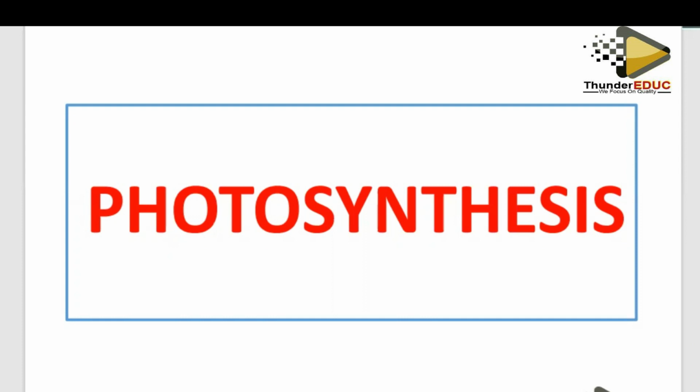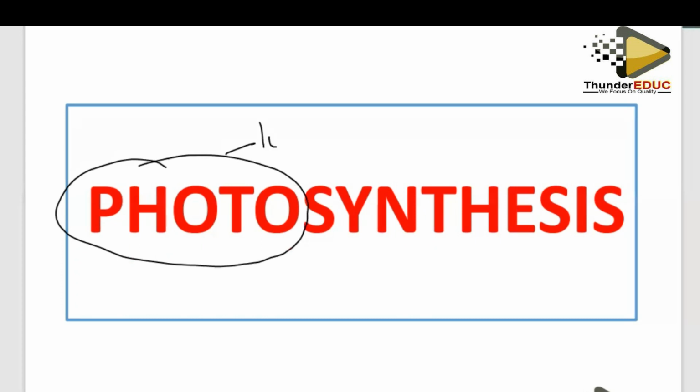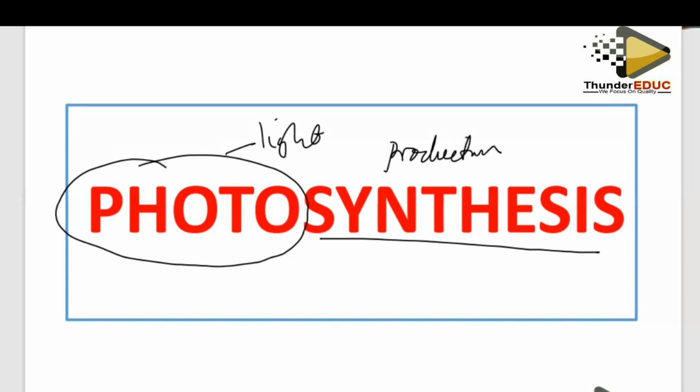Before you go for any topic, you need to understand the concept or the key areas, or why the topic is called so. Photosynthesis comes from two words. The first word is photo. When you say photo, it means light. Then synthesis. Synthesis means manufacture or production.